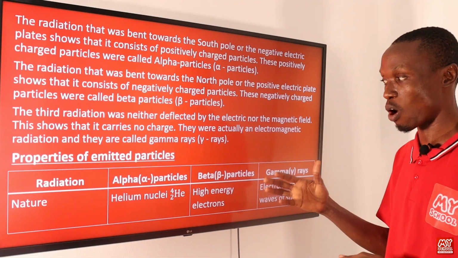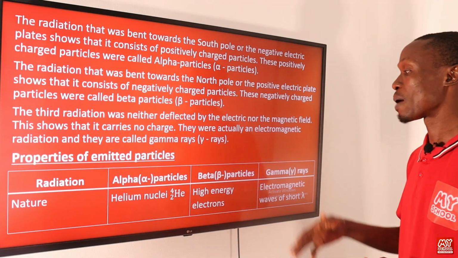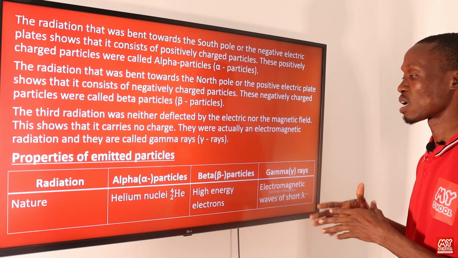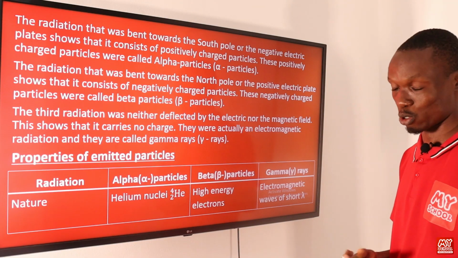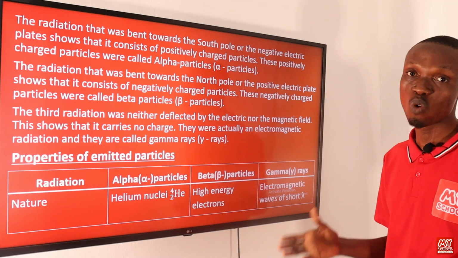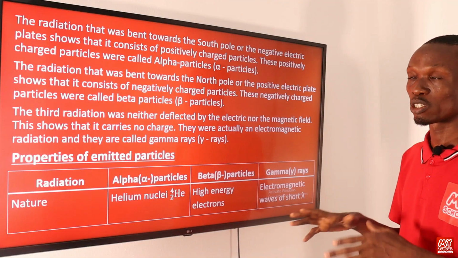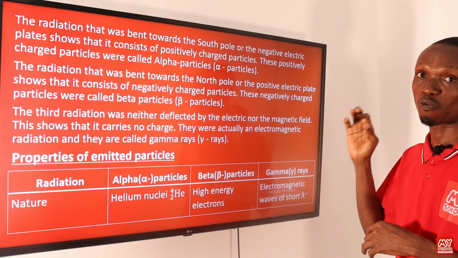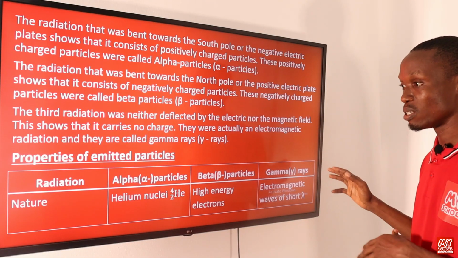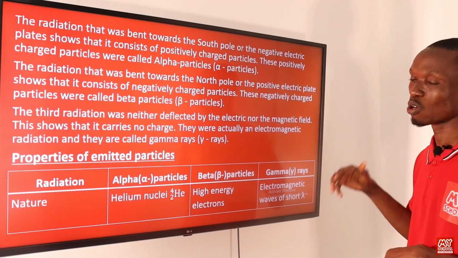By nature, beta particles are high energy electrons, while by nature gamma rays are electromagnetic waves of short wavelength. Remember, lambda is the symbol for wavelength.